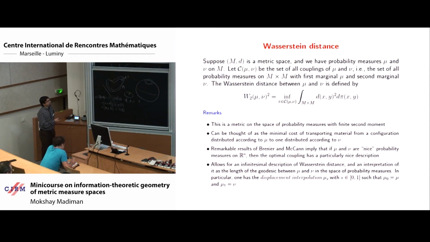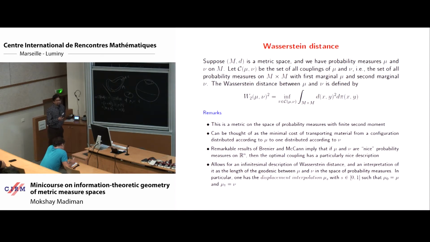You take the infimum over all couplings of the expected distance squared between x and y, where this is just a metric on M. You look at the distance between x and y squared, and you take the expected value using this coupling pi, which is some measure on M cross M. So this makes sense.